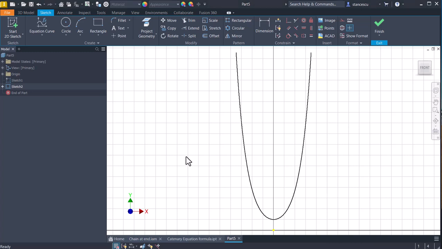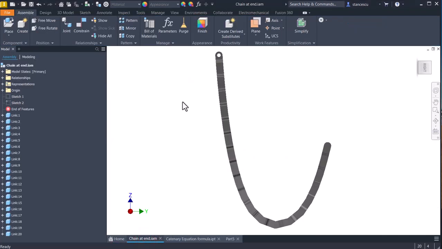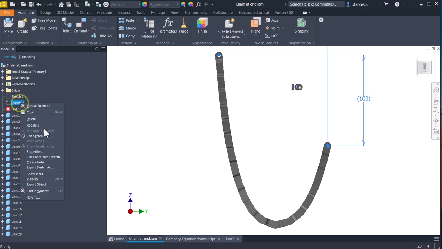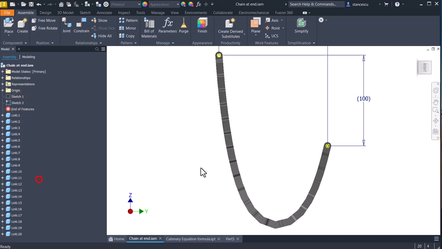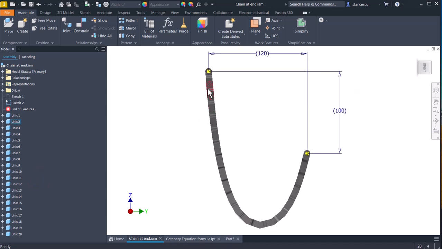But we use other values. I prepared here a new sketch for you to be visible. Here you see the distance between the two hanging points are 120, 100.